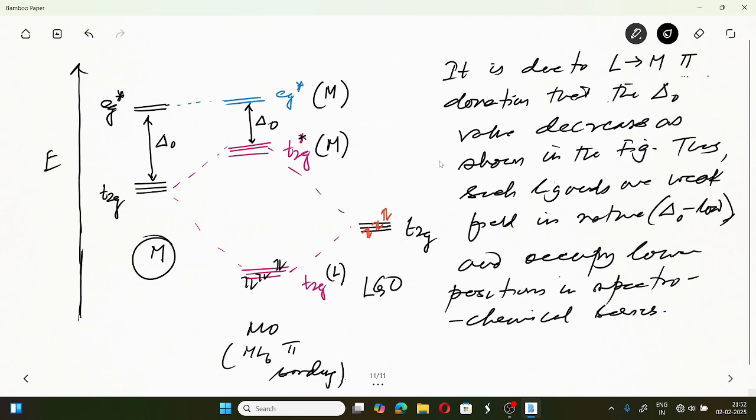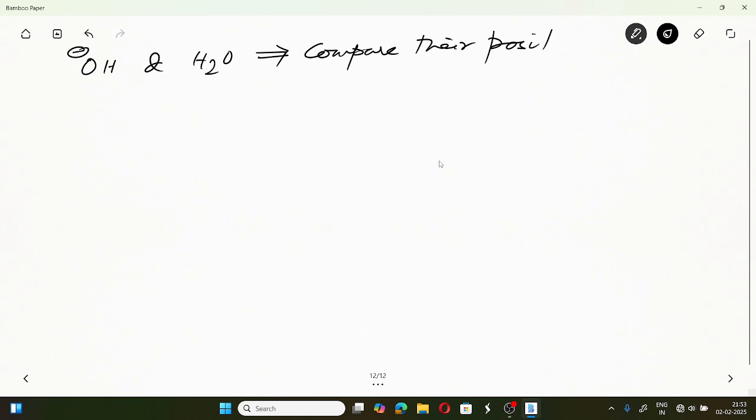এখন using this idea you'll find certain questions are asked, for example ধরো তোমাকে বলা হচ্ছে যে if you look at OH minus and water, তাহলে তোমাকে বলা হলো কি, compare their positions in spectrochemical series. কি দিয়ে তুমি এক্সপ্লেন করবে?